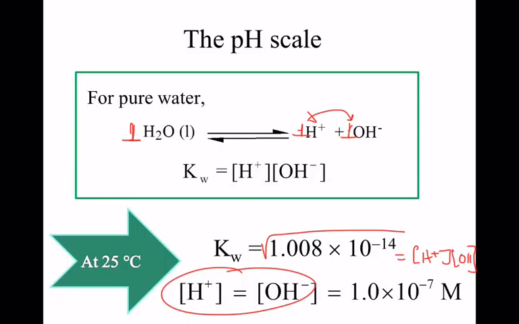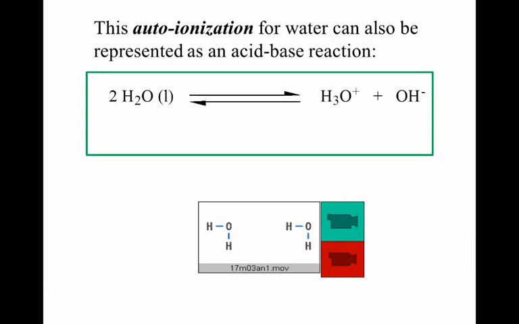Take the square root and you get however many sig figs you're going to go with. I'm questioning this: if you know this to 4 sig figs, I don't know why this is only 2 sig figs. But anyway, it's a magnitude of 10 to the negative 7th. So in just regular old water at 25 degrees Celsius, the molar concentration of the hydroxide and the hydrogen ion is 1.0 times 10 to the negative 7th moles per liter.